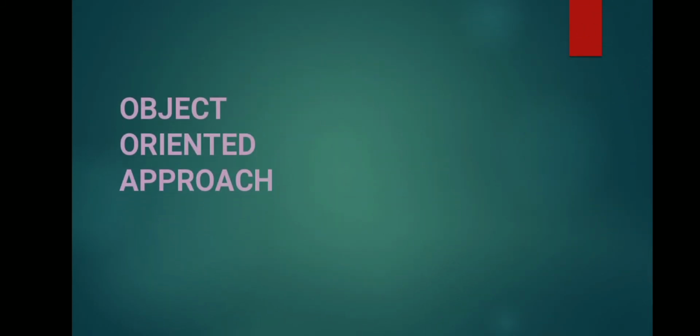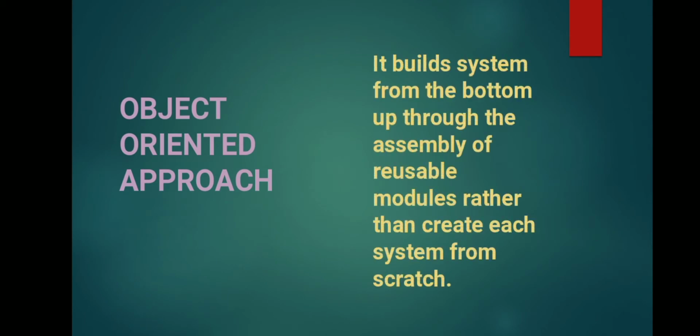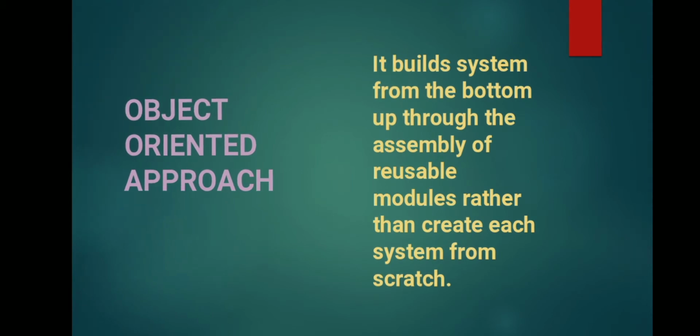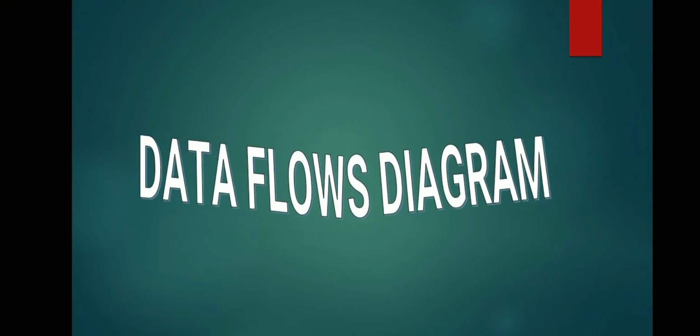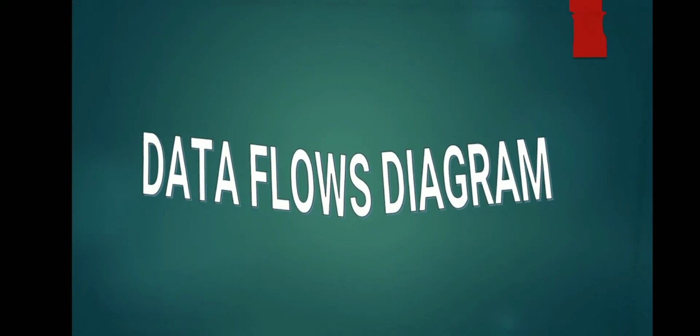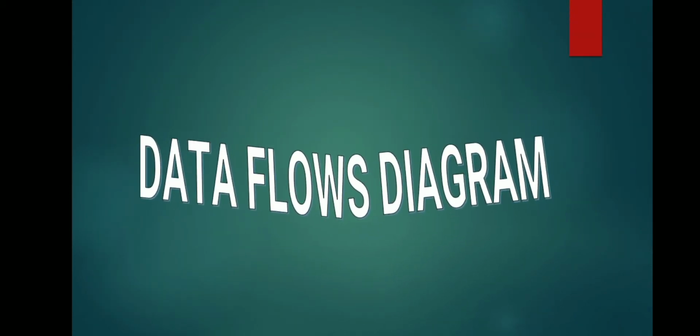What is the object-oriented approach? It builds systems from the bottom up through the assembly of reusable modules rather than creating each system from scratch. And now, let's discuss top-down decomposition of the structured design approach.